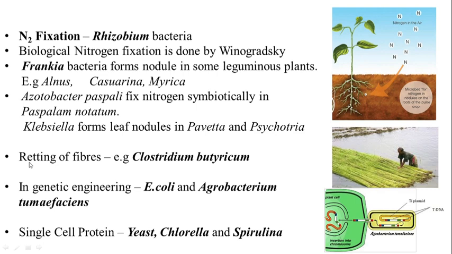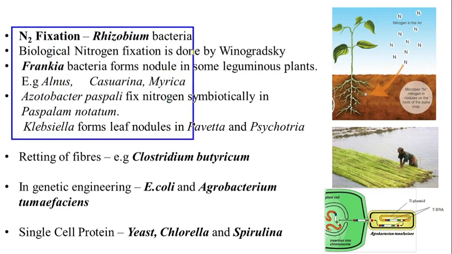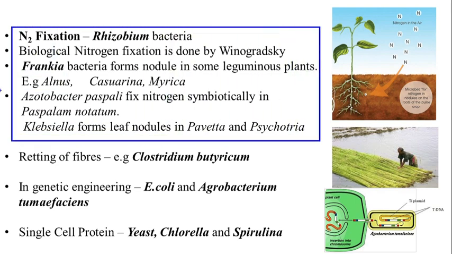Now there are a number of bacteria which help in nitrogen fixation. So nitrogen fixation is really important. Nitrogen fixation means that in nature we have N2, nitrogen in the environment, but that is not utilized by living organisms. It needs to be fixed. That means it needs to be converted into a usable form.